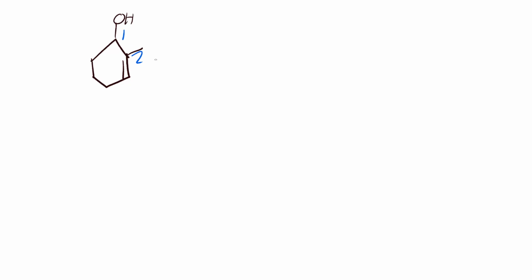So I'm going to have the alcohol on the 1st carbon and the methyl on the 2nd carbon. This becomes a 2-methyl-2-cyclohexen-1-ol, because it's cyclical, it's like a shape.